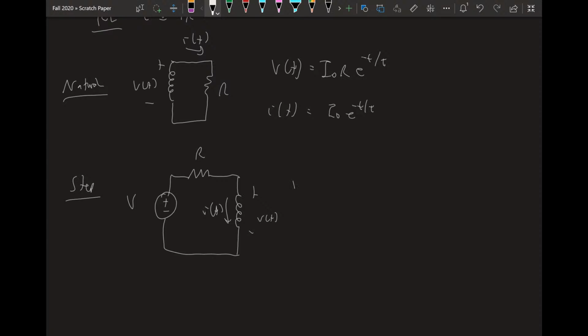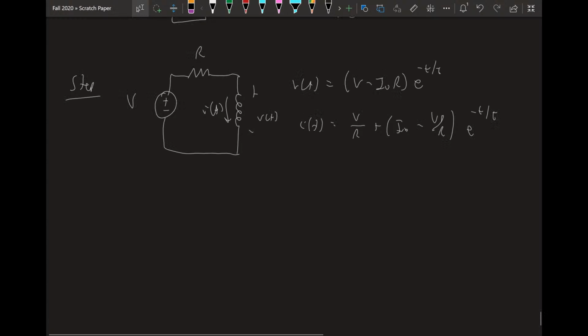So the voltage across the inductor as a function of time in this step response is given by the voltage coming in minus the initial current times resistance times e to the negative t over tau. And the current is given by V over R plus I naught minus V over R, e to the negative t over tau. Right.